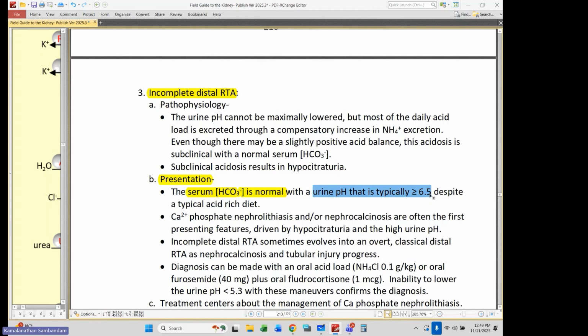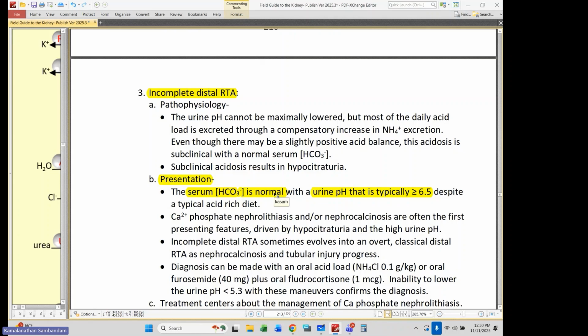Now, when you take these incomplete RTAs and you put them on an Atkins diet, or they start to have diarrhea, meaning they start generating more acid than the typical 1 millimole per kilogram per day because of that starvation ketoacidosis, or low carb induced ketoacidosis, then they can manifest an overt acidosis.